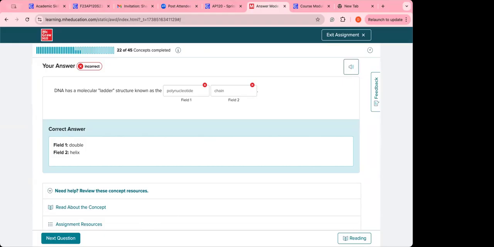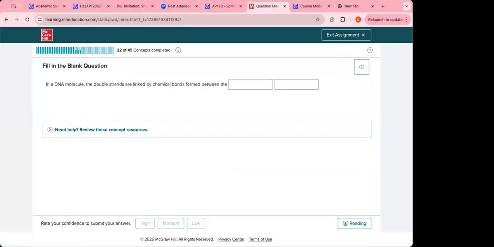That's true too, but yeah, that could have been. That's just a little bit picky on their part, because the polynucleotide chain forms it. Okay, now we know what they want. But they didn't make us read about it again. So let's go. We can come back.